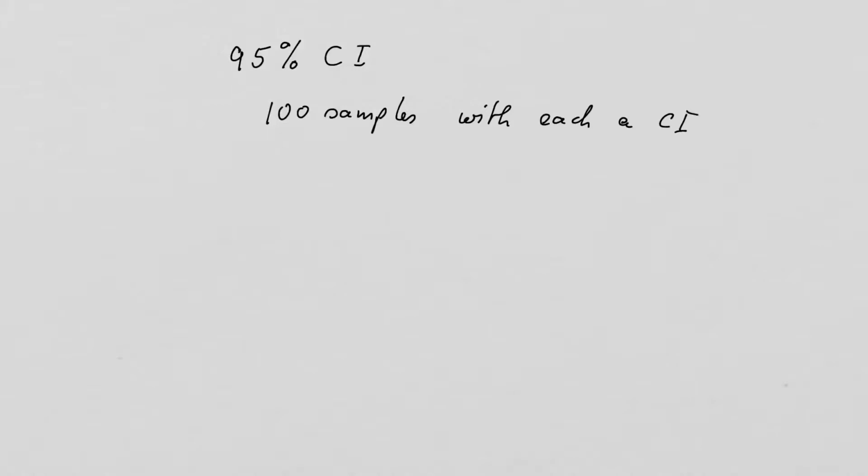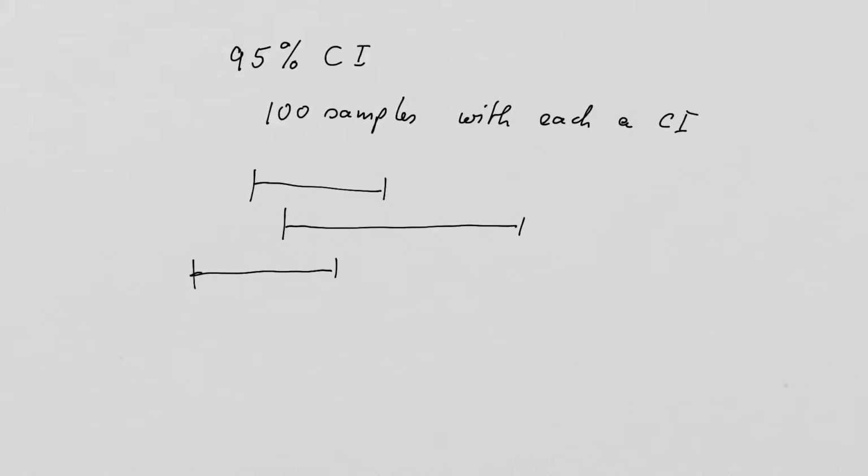If we go for a 95% confidence interval, we can be pretty sure that if we took 100 samples, each with its confidence interval, we would have 100 confidence intervals.